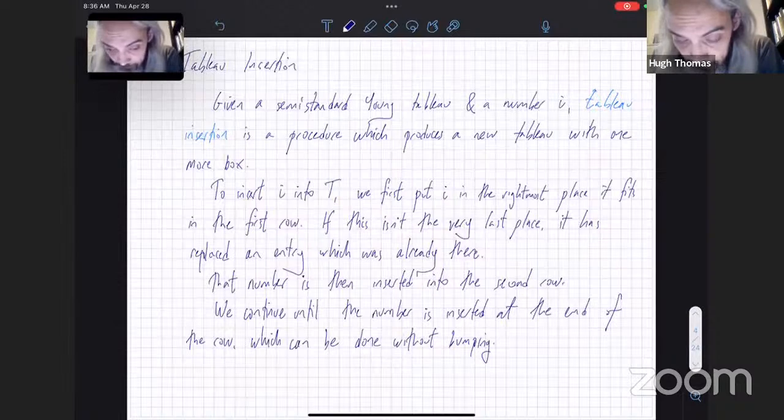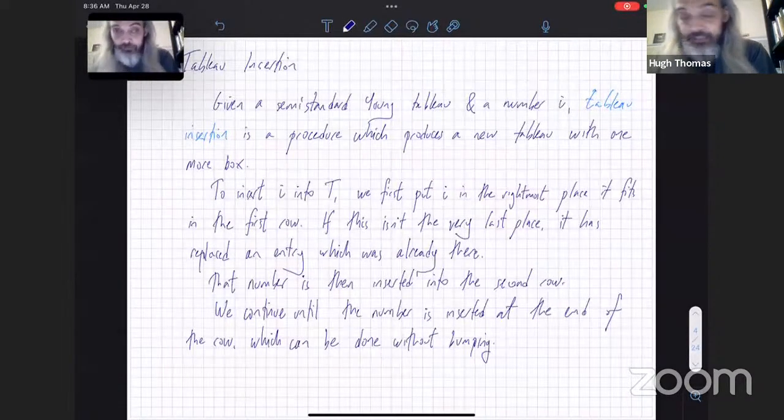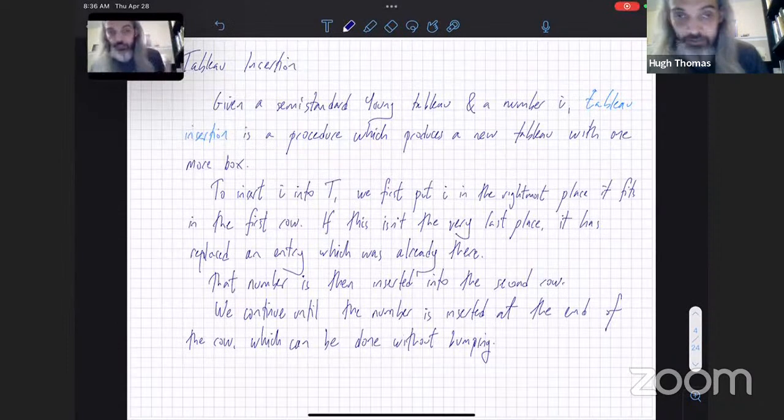And so to do that, I'm going to define tableau insertion. This is a procedure that, given a tableau and a number, sticks the number into the tableau, but it also rearranges the entries of the tableau. And in the end, you have a tableau that has one more box.